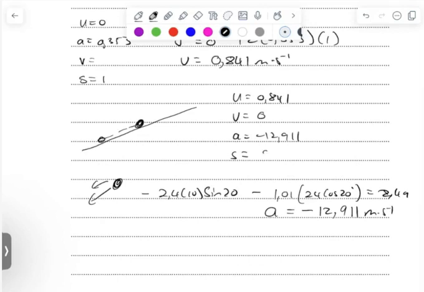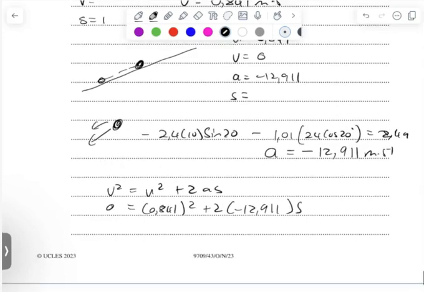And now we want to know the distance. So once again, v squared is u squared plus 2as. And our s is then going to be 0.841 squared over 2 times 12.911, which is 0.02739.